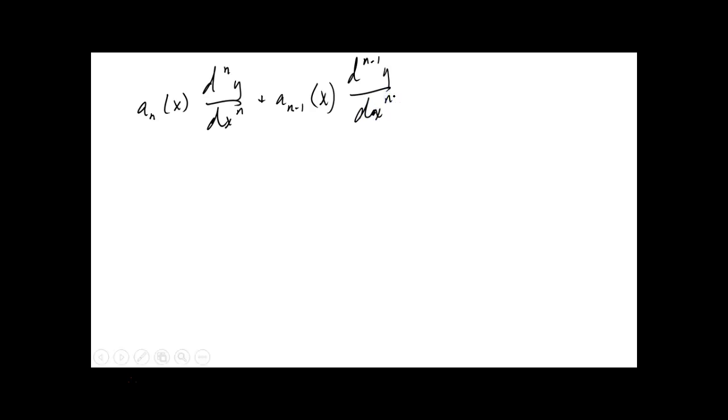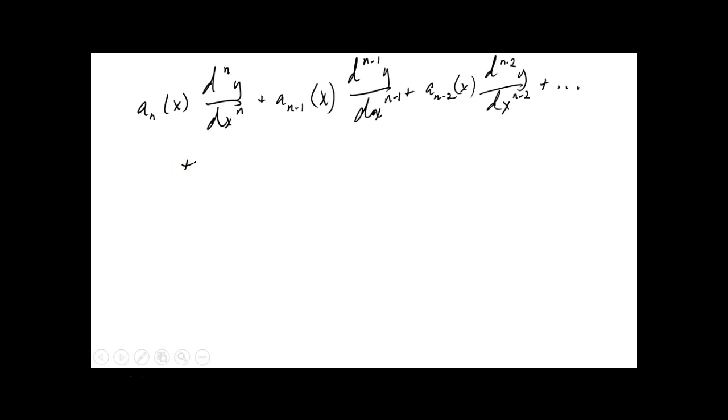Plus, and we count on down, a sub n minus 2 of x times d^(n-2) y / dx^(n-2), the n minus second derivative of y with respect to x. Whoops, I didn't put the 1 there. Plus dot, dot, dot for a while there.